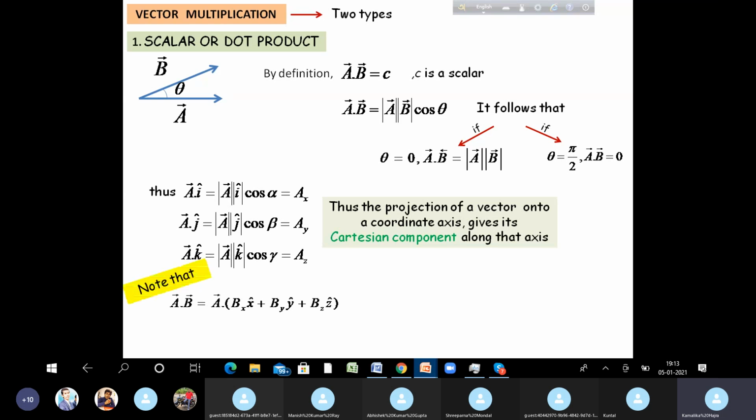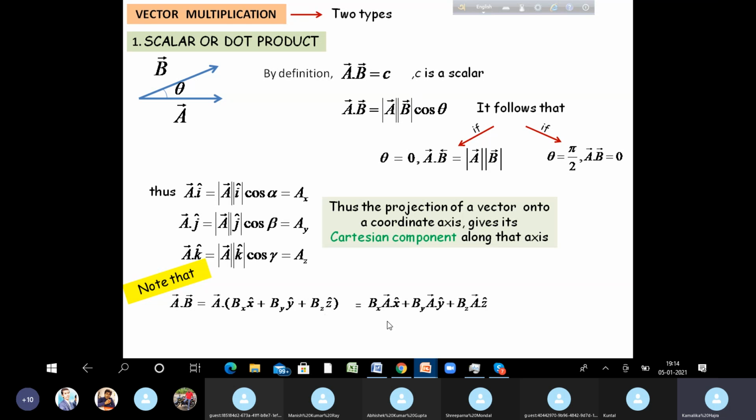All right, now we can see A dot B. Suppose I keep A like that and I expand B in the component form as Bx x cap plus By y cap plus Bz z cap. Bx, By and Bz are scalars, so they can come outside.